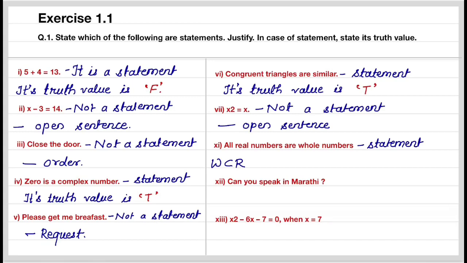But real numbers are not a subset of whole numbers. That means all real numbers are not whole numbers. So it is a false statement. So its truth value is F.